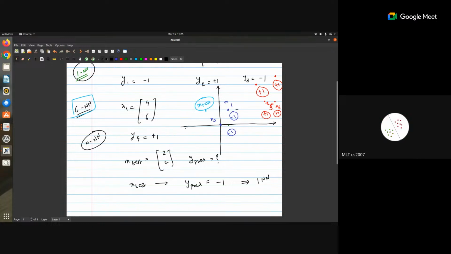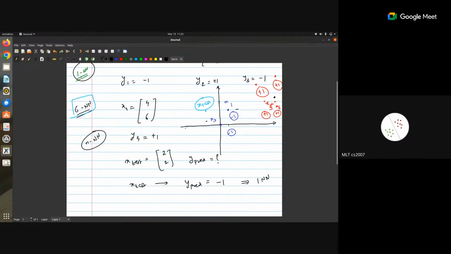Yes, whatever the majority class is during training, it will always predict the same class irrespective of where the test data point lies. So it will not give you the correct prediction. It will always give the positive class for any test data point, wherever it lies. That is the problem if you have n nearest neighbors.